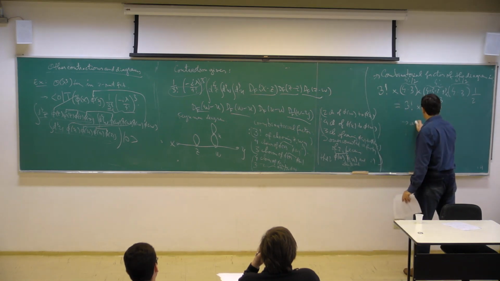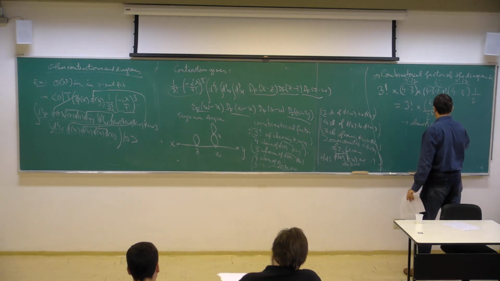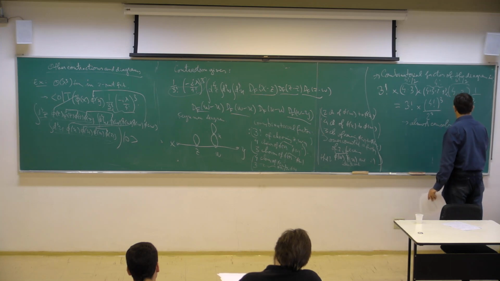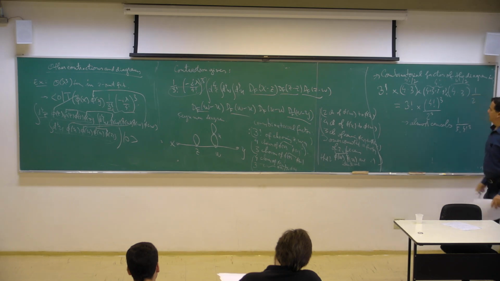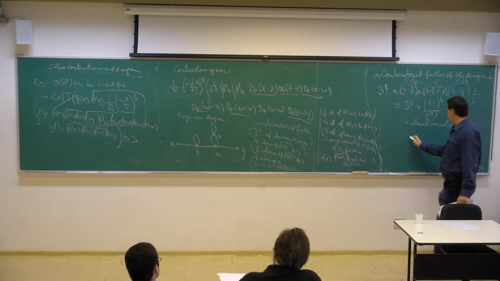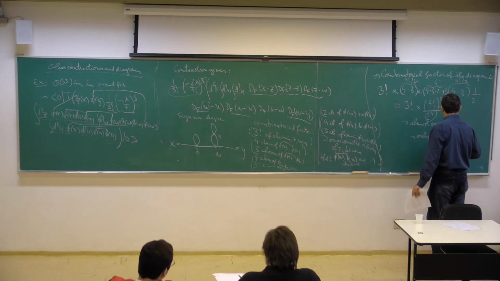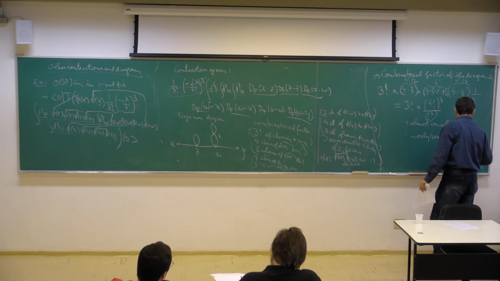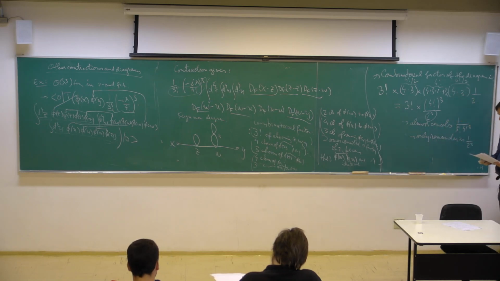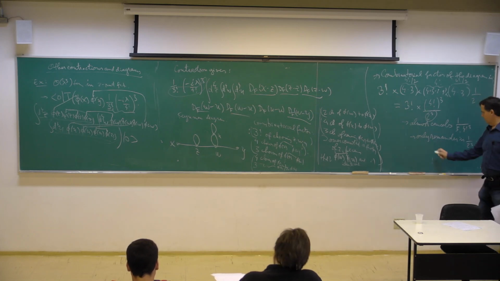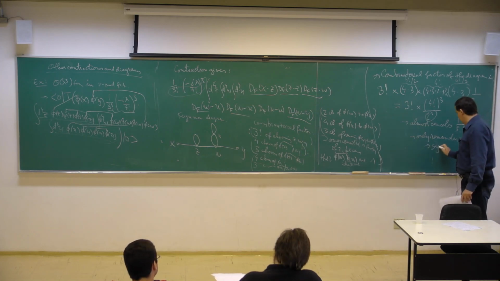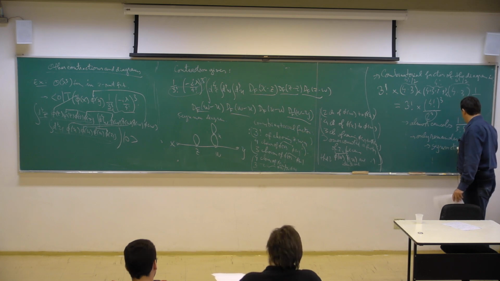So this almost cancels, 1/3 factorial, 4 factorial cubed. The only thing that doesn't cancel is this 1/2 to the cube. So the only remainder is 1/2 cubed. And this goes by the name of symmetry factor. We'll shortly see why.